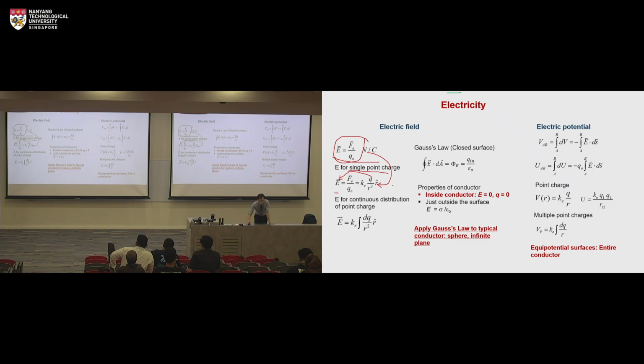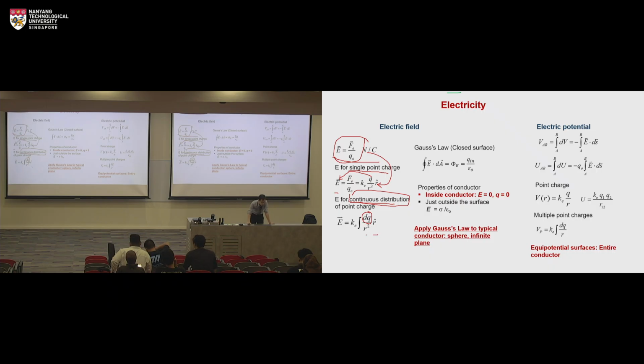We can also move one more step further to get E due to infinite number of charge. And that is the so-called continuous charge distribution. So now here, basically this entire charge distribution is not a single point charge anymore. So then the way we do it is we need to purposely create this dq as a single point charge.